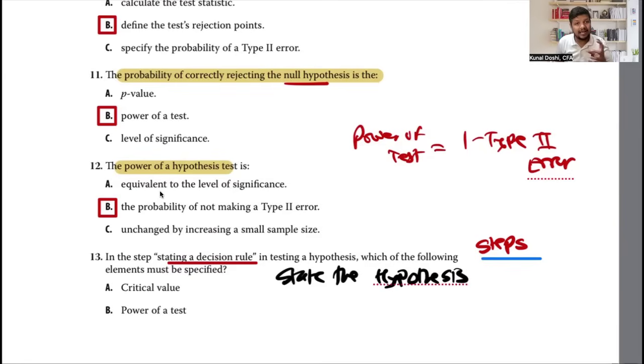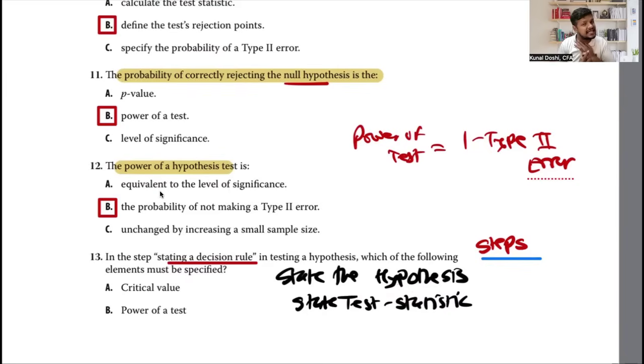Then you have to state the appropriate test statistic. We are not going to calculate here. We are going to decide what is the appropriate test statistic suitable for my test. For example, if it's a mean, you might use a T or a Z test. If it's a single variance, chi-square. If it is two variances, you use the F distribution.